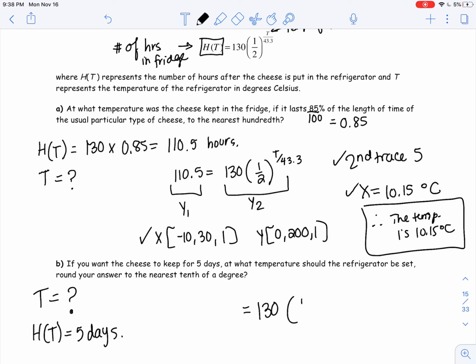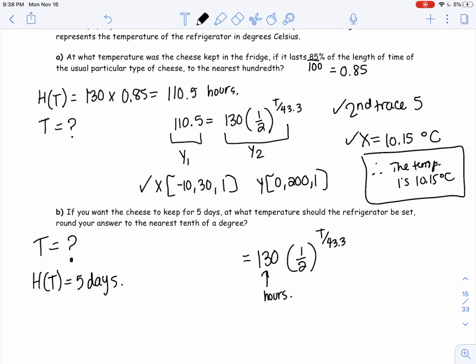Now the problem is that when I use 130 in my original equation, this was in hours. You cannot have hours and you cannot have days in the same equation.